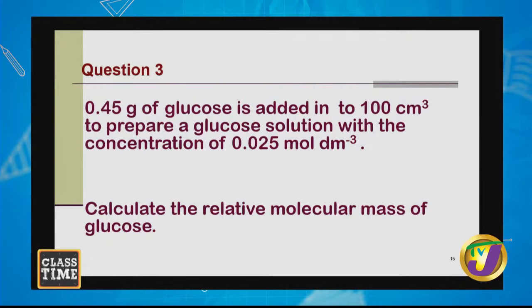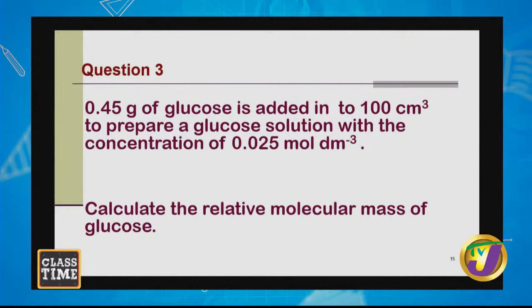Okay, so the first thing we're going to do, we're going to convert our 100 cm cube to dm cube, and then we're going to multiply it by the concentration, which is 0.025 mole per dm cube. So when we convert our volume, which is 100 cm cube, to dm cube, we would get 0.1 dm cube.